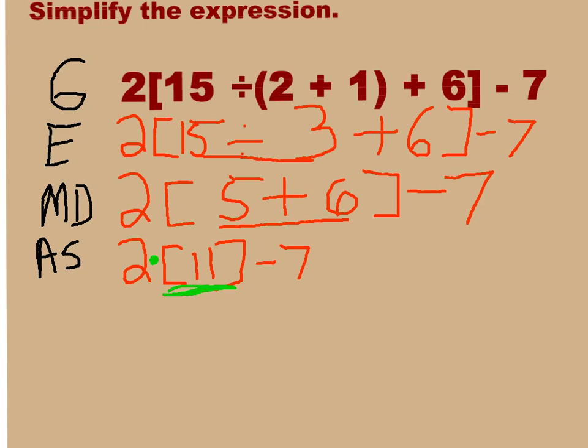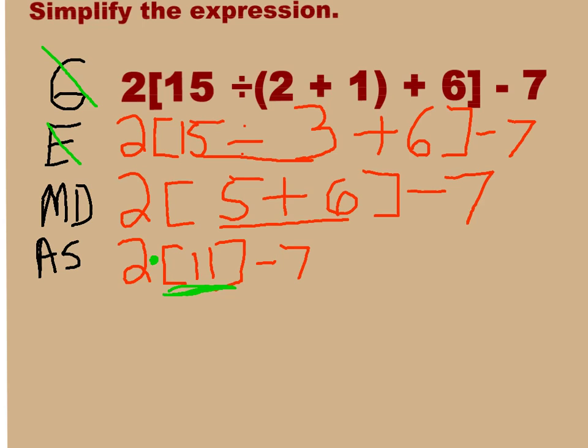So when you have a number next to a bracket or next to a parentheses, it means to multiply them. So we're actually done with the grouping symbols, even though this bracket's here. This bracket is just holding one number. It's kind of doing a multiplication role right now.